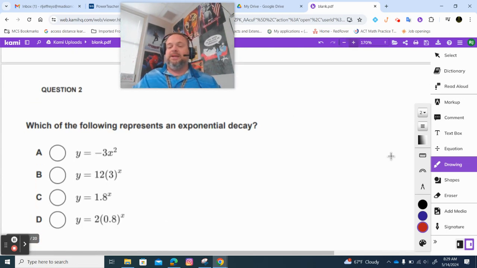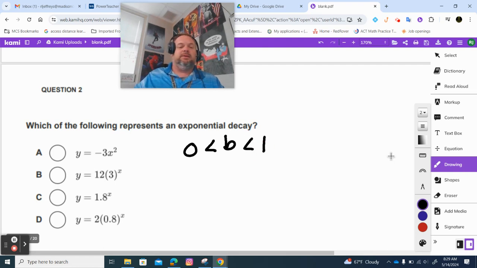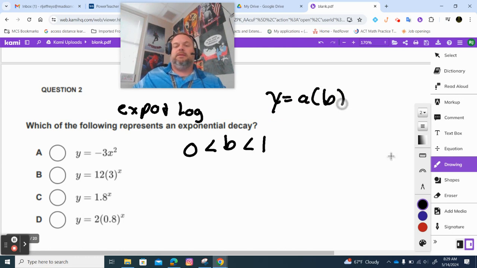Now exponential decay. That's where our b value, we're still in expo and log, is between 0 and 1. And I have those tests. I probably need to give those back. All right, and then we have this form right here.